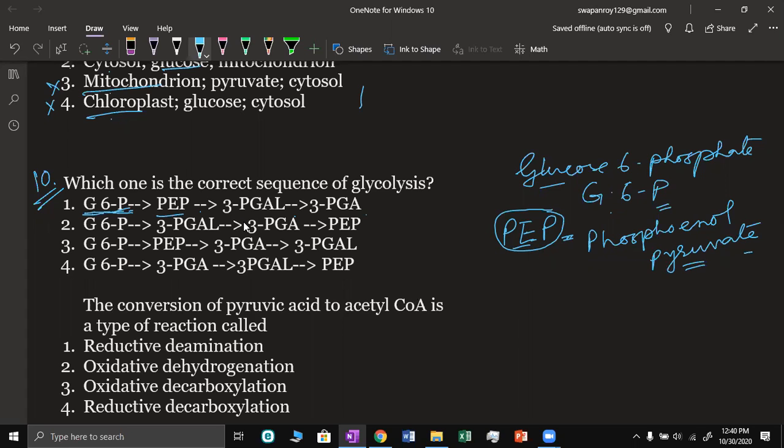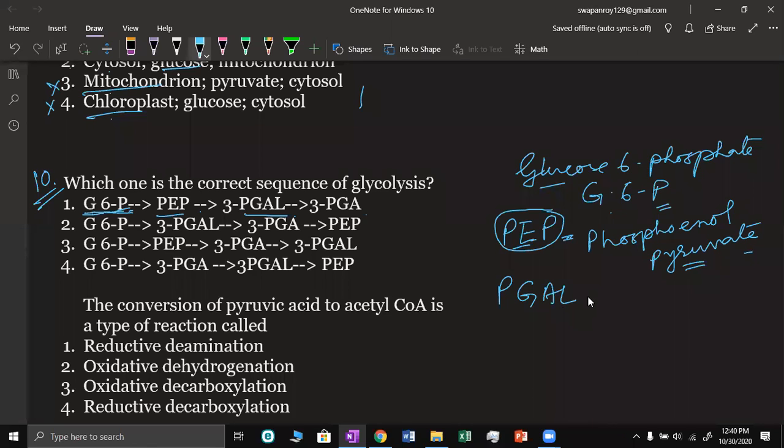This PGAL, what is PGAL? Phosphoglyceraldehyde. Yes. PGAL is 3 PGAL, where the phosphate group is on the third carbon.